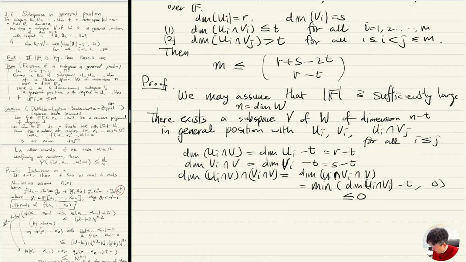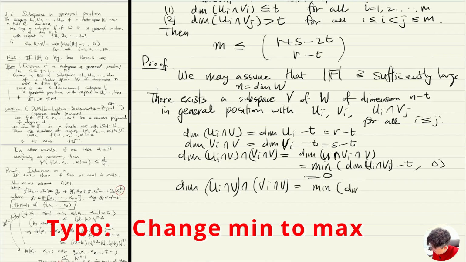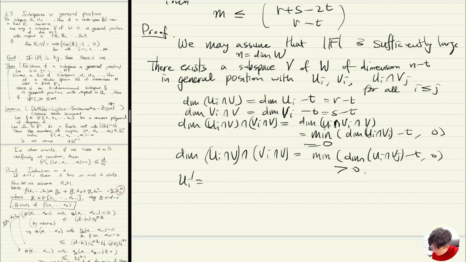And that's 0, right? So this will be 0. And the dimension of Ui intersection V intersection Vj intersection V is the dimension of Ui intersection Vj minus t, again by the same argument. Right? So now take Ui prime to be Ui intersection V, Vi prime to be Vi intersection V, then apply Lovász's theorem.